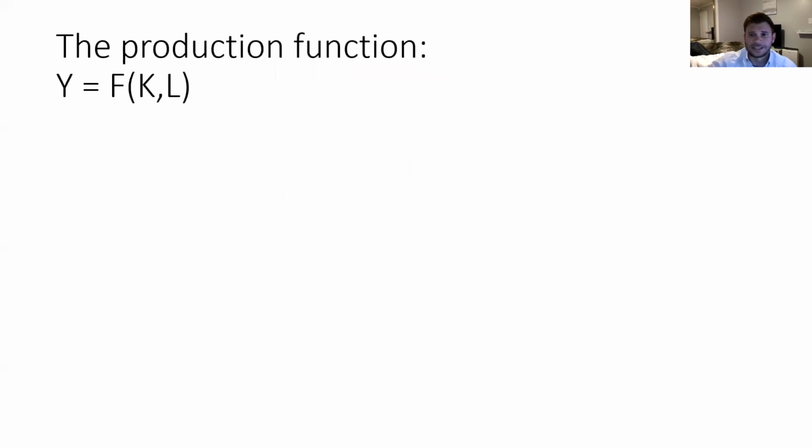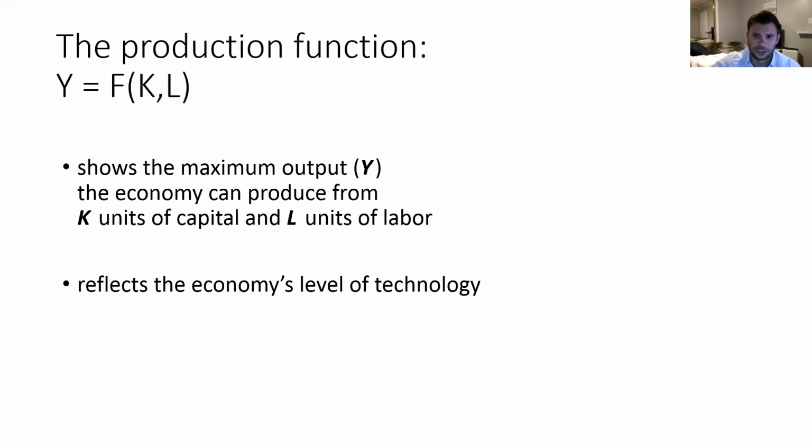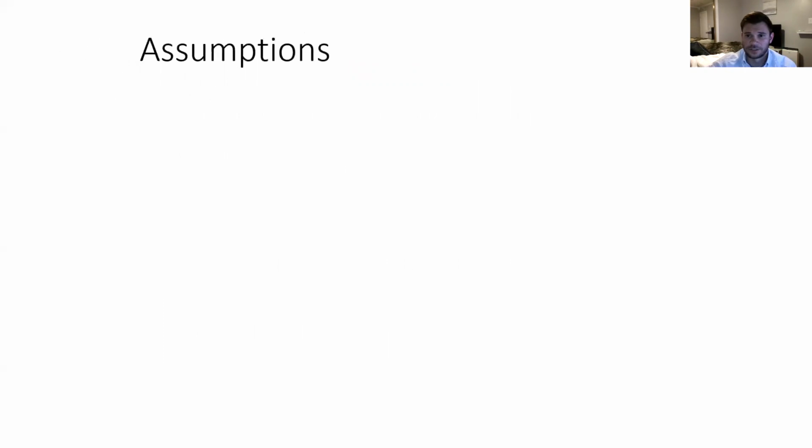We utilize a technology to convert capital and labor into output, as we had seen in our microeconomics unit, and the technology shows the maximum amount of output, rather, that the economy can produce from a given allocation of capital and labor. Again, this function F captures the economy's level of technology, and otherwise, our model of the supply side is fairly simple.